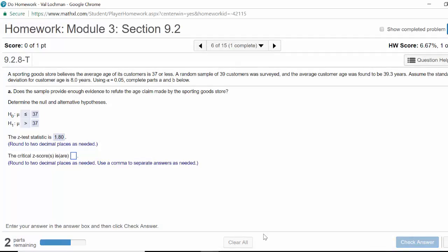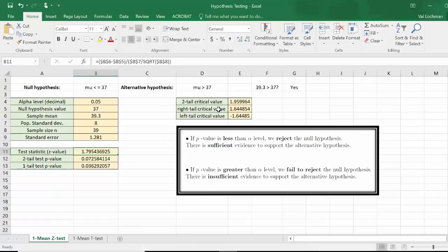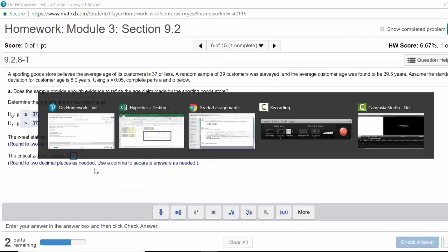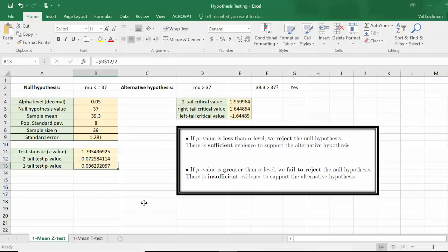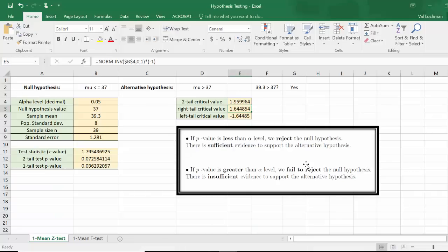The critical z-score: again, we're doing a right tail test, so we only have one. That would be this value right here, 1.64.